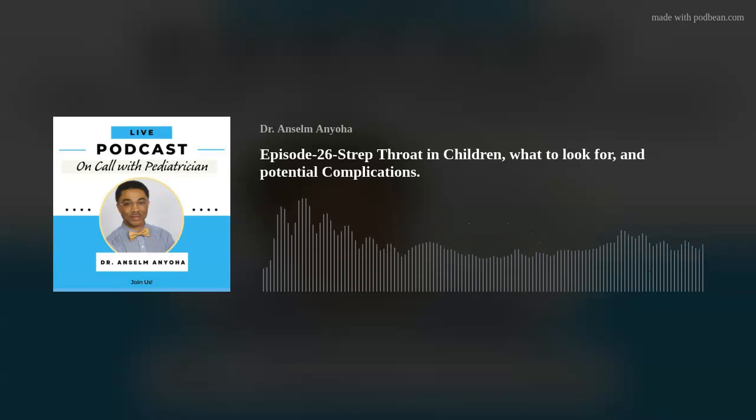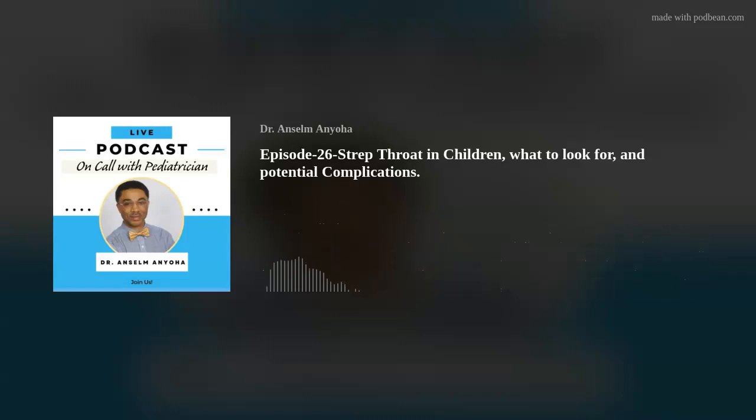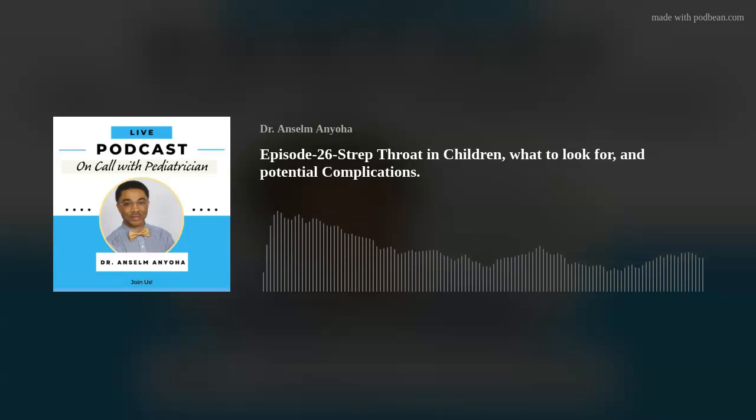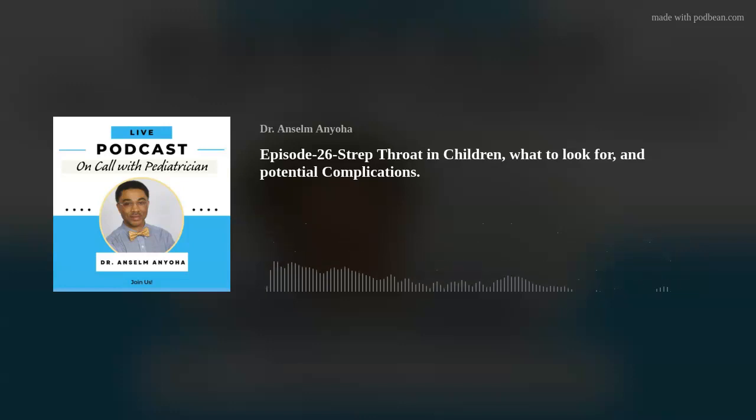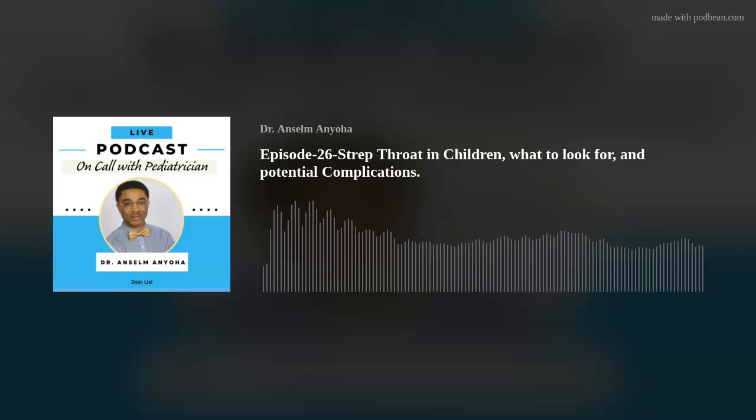Other complications could be, of course, ear infections, infection of sinuses, and in fact, sometimes the bacteria could overwhelm the blood system so that it causes meningitis. But this is rare. And there are times when kids need a shot of penicillin to treat their strep throat, especially when a child is taking an antibiotic but vomiting it.